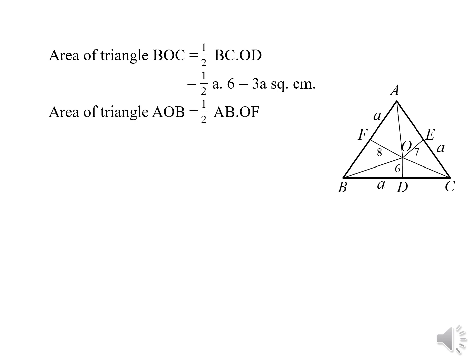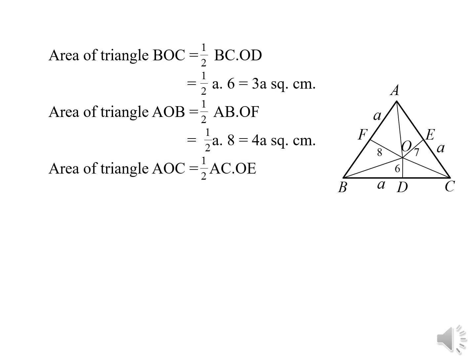Then area of triangle AOB is again half into base into height. Here base is AB and height is OF. So putting the values, half into a into 8, and finally area of triangle AOB becomes 4a square centimeter.